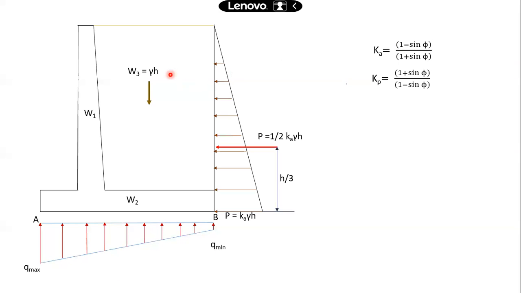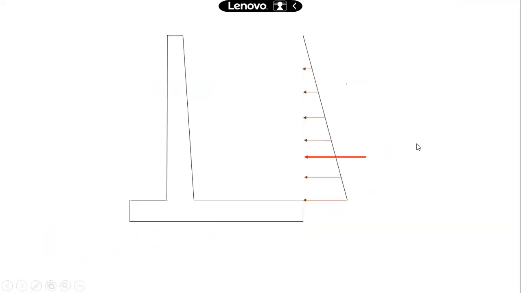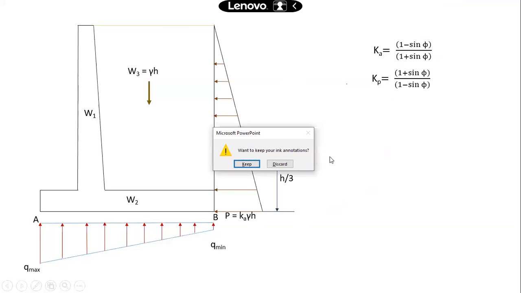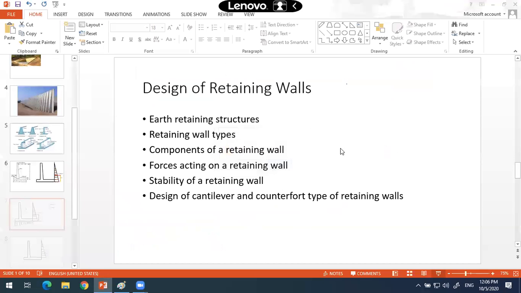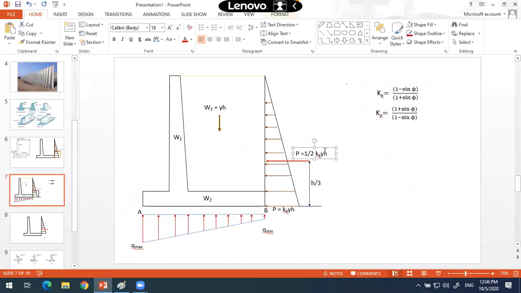For the backfill, whatever angle of internal friction you have will be the phi value. These are the forces you have. Please make sure that these things are clear. If any doubt is there in that part, you can ask me.